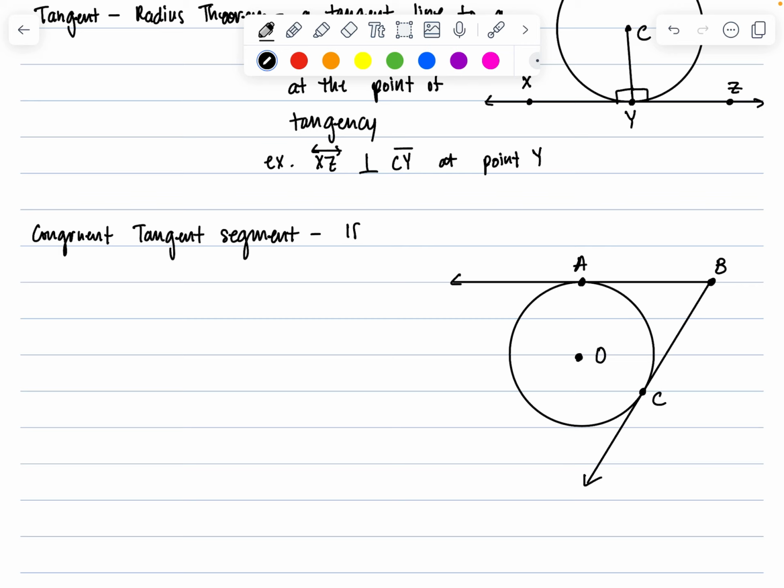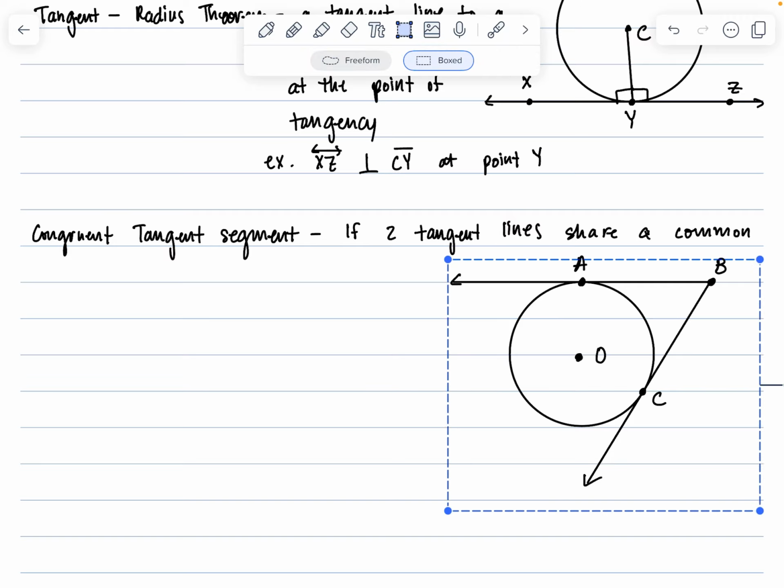We're going to say if two tangent lines share a common endpoint, and I probably should have pushed this down a little bit for more room.